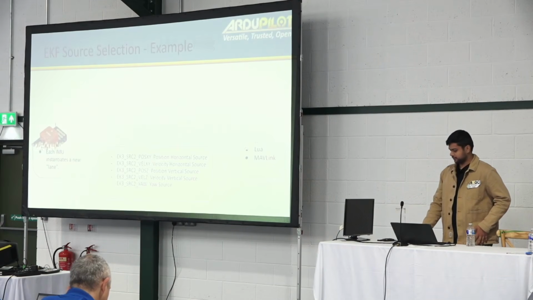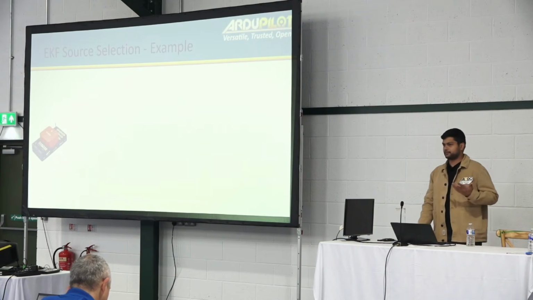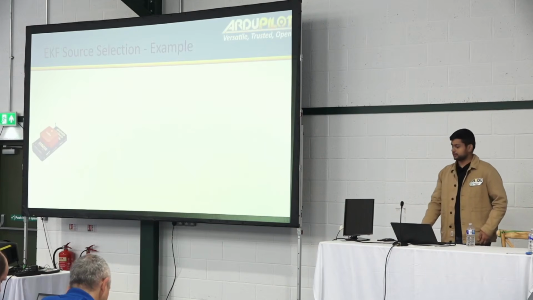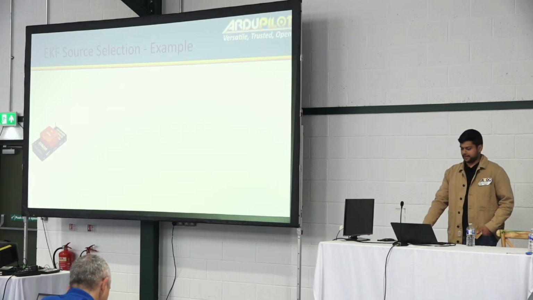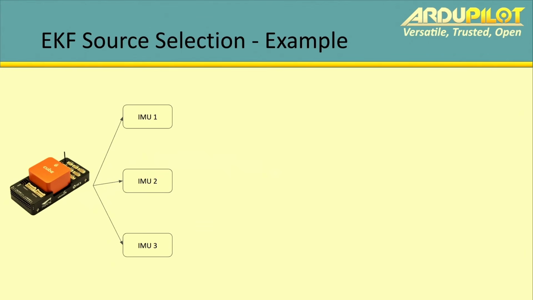So hopefully that clarifies some of the things regarding the source parameters. And I have a little diagram here that explains it more. So cube orange, 3 IMUs, 3 EKF lanes, so just 3 parallel EKFs running all together.